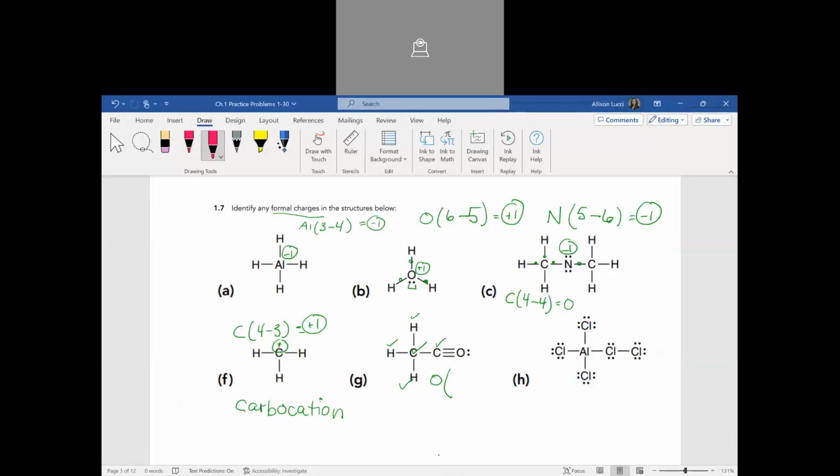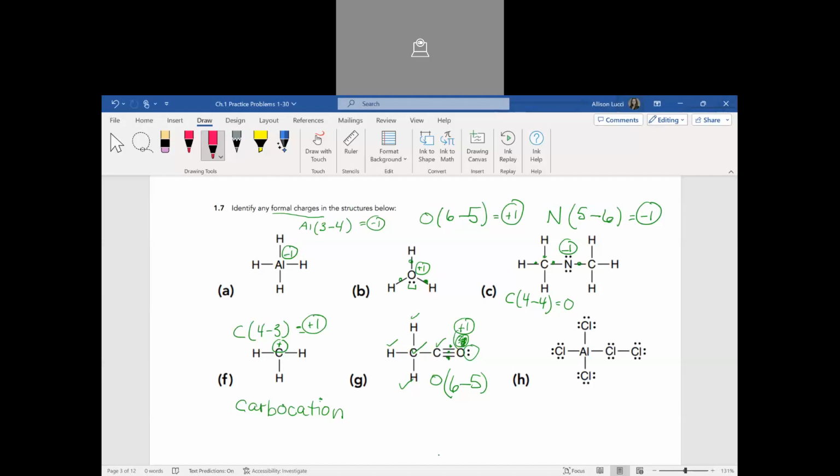So we'll plug in for our formal charge calculation: 6 valence electrons to be neutral, minus 1, 2, 3 from 1 for each of the bonds, and then another 2, so that's minus 5. That gives us a +1 formal charge on this oxygen. So +1 on the oxygen.